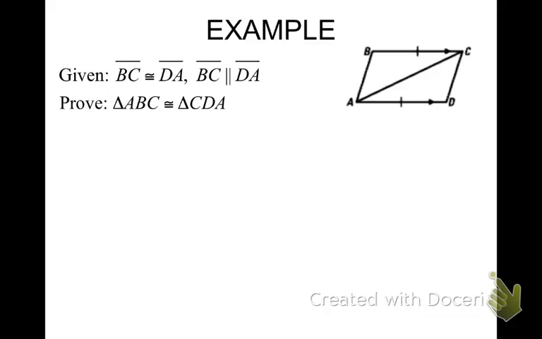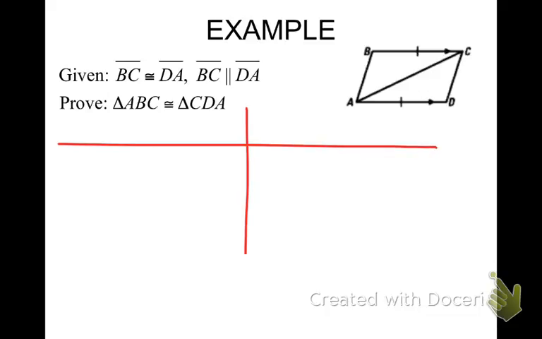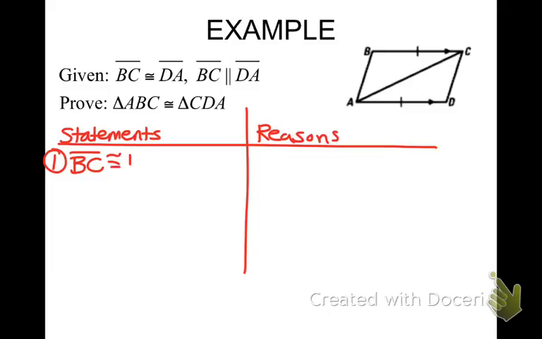Here we go. So if we set up our T-chart, statements on the left, reasons on the right. You have to start with your given. Now what's not so nice about moving away from side, side, side is I'm going to have to list all of my corresponding parts, which is all 6 of them. But as you start getting better at these, maybe you can stop doing that.